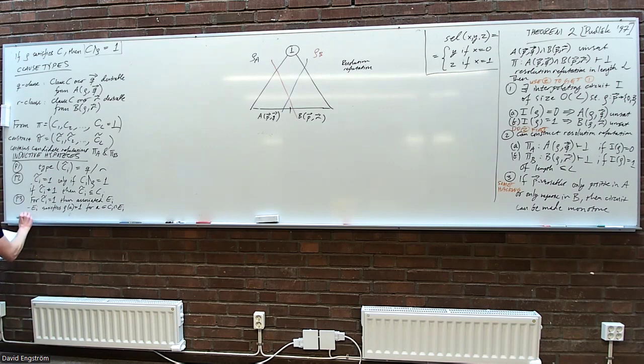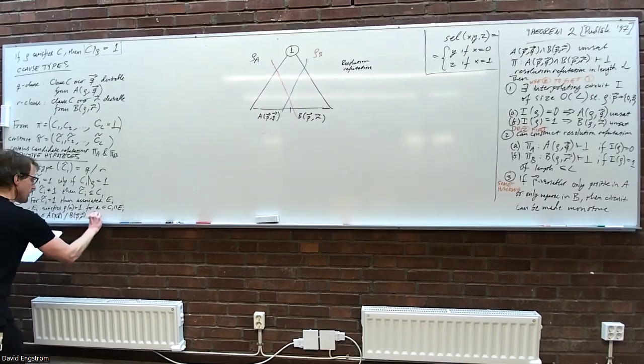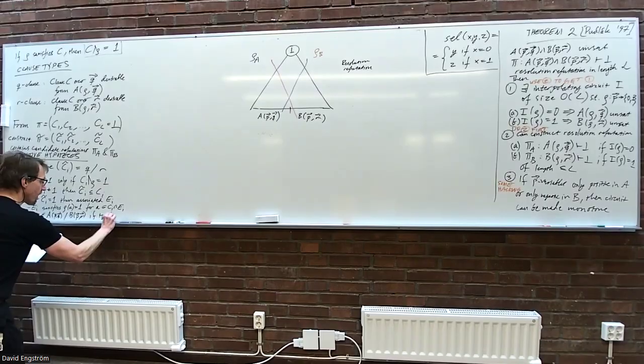Okay, let me write this down and then we'll talk a little bit about this. So, I say that EI is an axiom in A or B, depending on what type C tilde has.